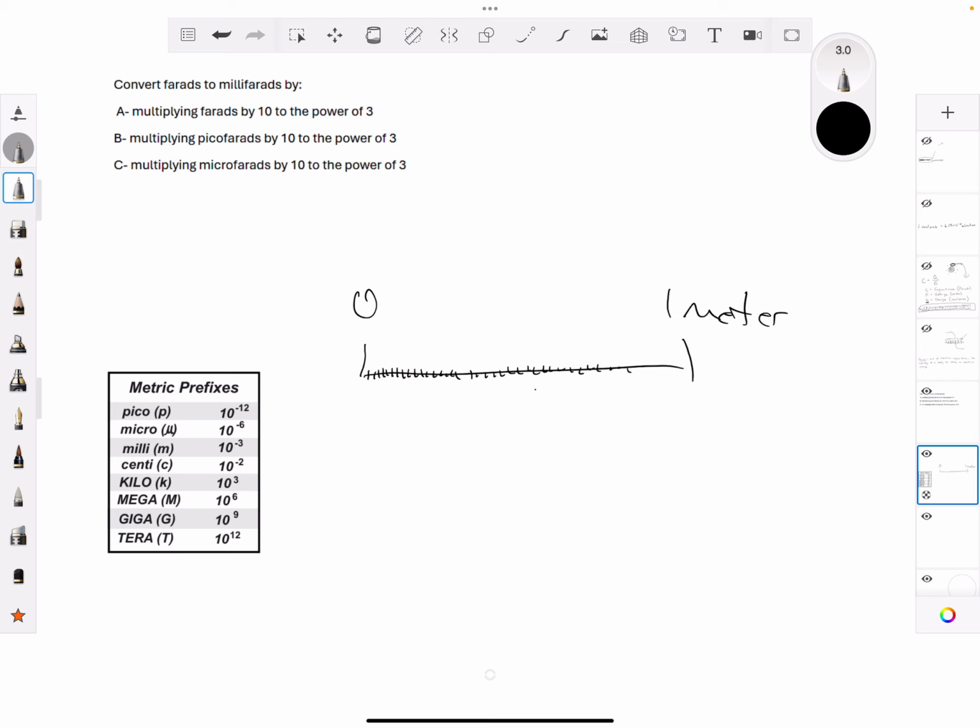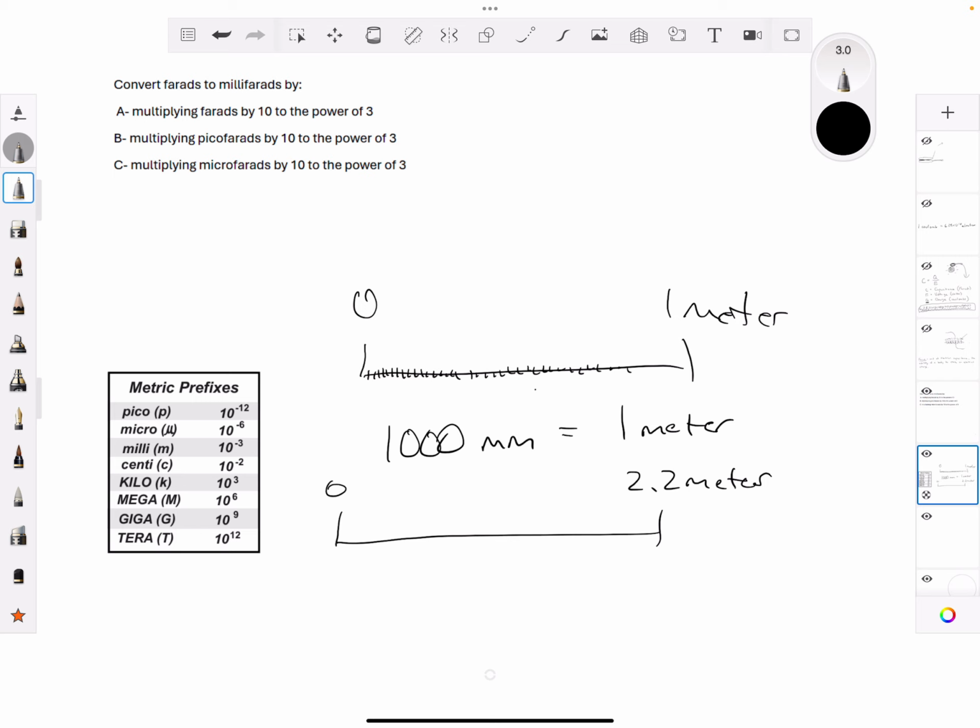But what I would really be doing is, if I have 1 meter, how many millimeters do I have? Well, I'd have 1,000 millimeters, because 1,000 millimeters is equal to 1 meter. If I had 2.2 meters, how many millimeters would I have?